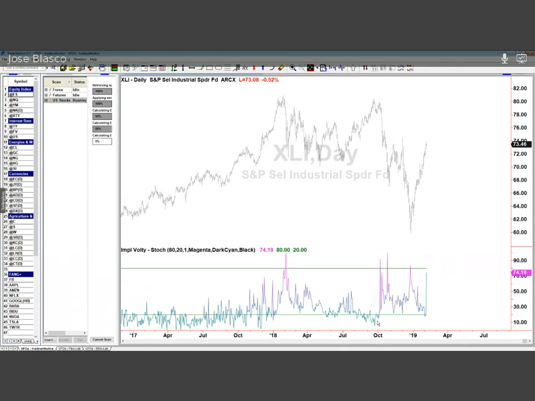So when options are lacking premium, it means that they are very underpriced. When options are showing excess of premium, it means they are very overpriced. Well, in this case, we are looking for stocks in the market, and as I said, we're looking at the 25 stocks with the greatest amount of excess of premium.